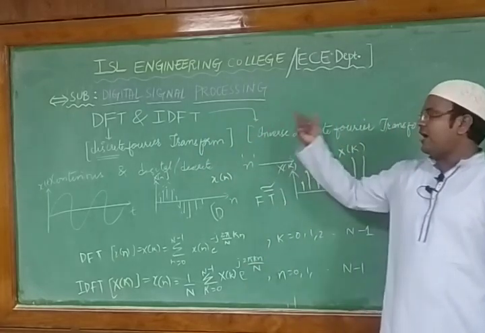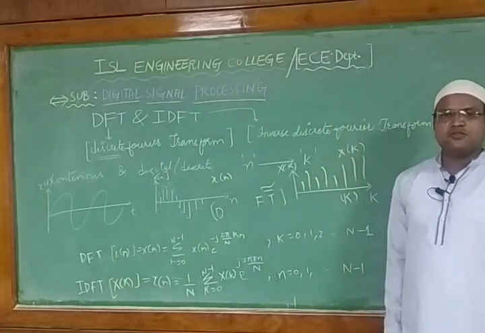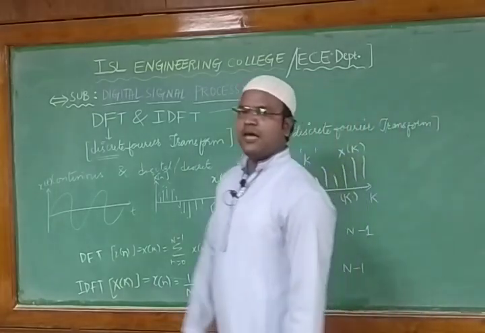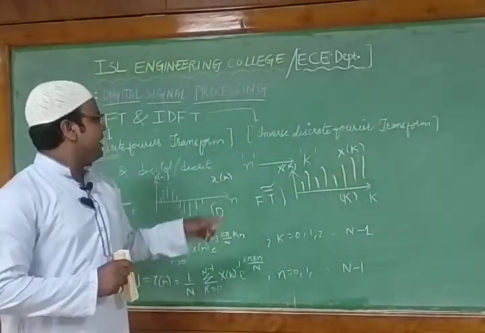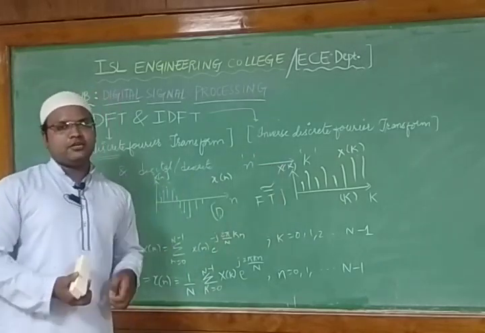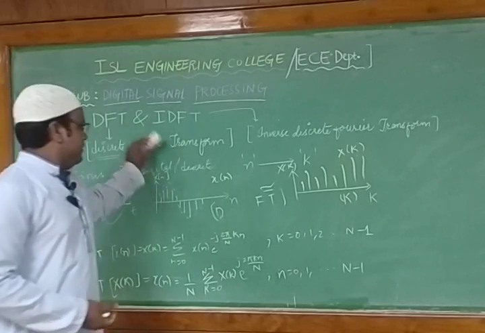So how to do IDFT and DFT? There is a specific mathematical calculation, a formula which we need to apply. By applying that formula, we can convert your n domain signal into k domain signal or k domain signal into n domain signal. That I will show you here.